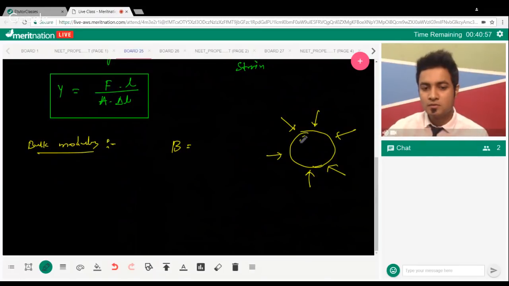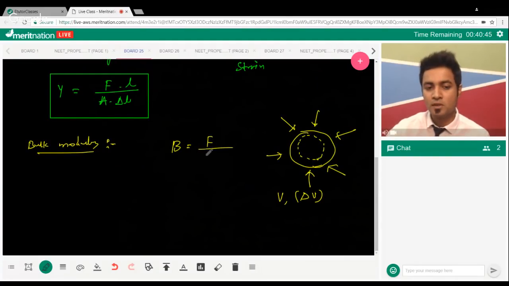Its size will get decreased, isn't it? So initial volume I'm considering as V, and the change in the volume I'm considering as delta V, right? So I can write it here as F upon A, delta V and V, okay? Or F upon A, you can represent it as pressure here, that is delta V upon V.